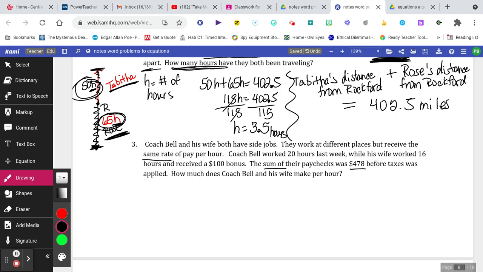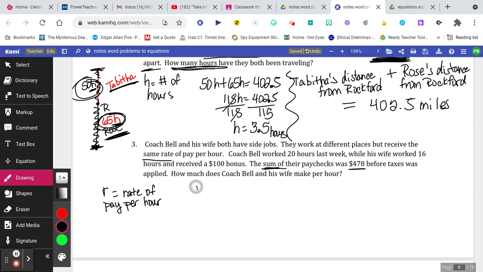All right, so I want to do, let's see, R for rate of pay per hour. So I do know that the sum of their checks was $478 before taxes were applied. So let's take a look.